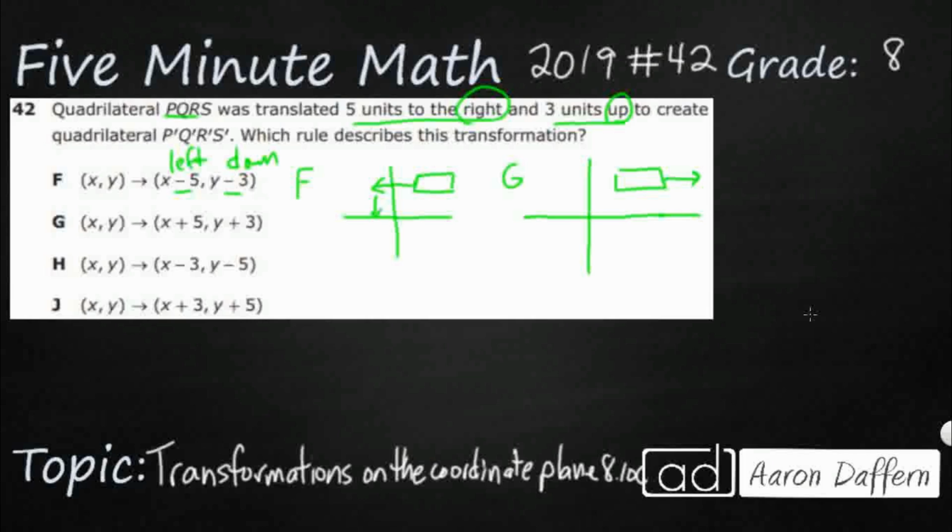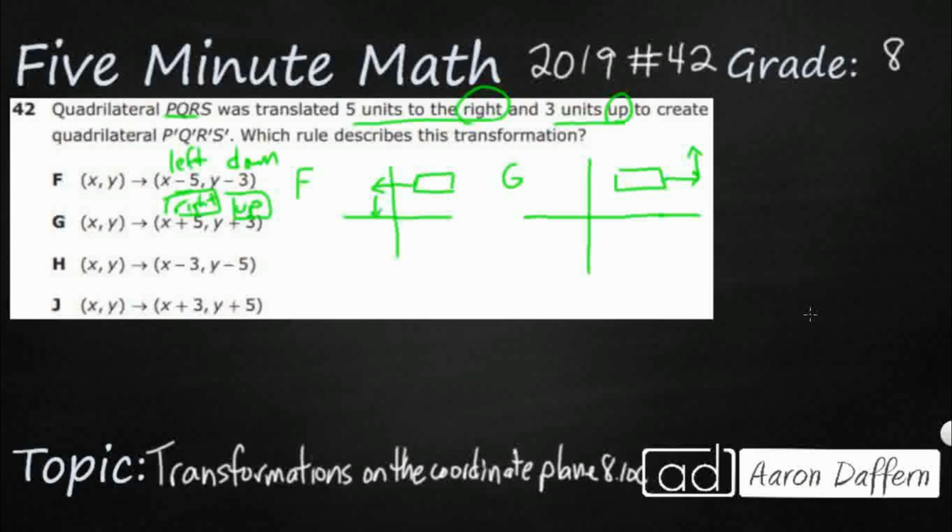So that plus 5 is going to move to the right because my x's are getting larger. And then my plus 3 is going to scoot it up a little bit. That y is going to increase, so take a look at what I've got. I've got right and up, which I'm thinking that's it. It's probably what I want, right and up.